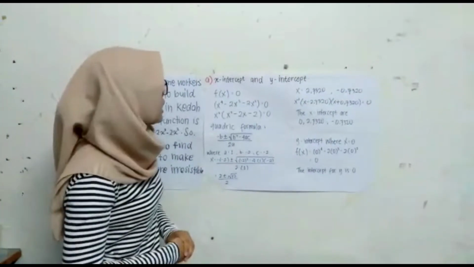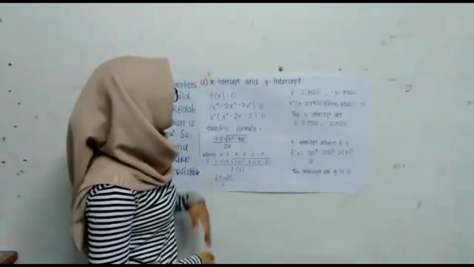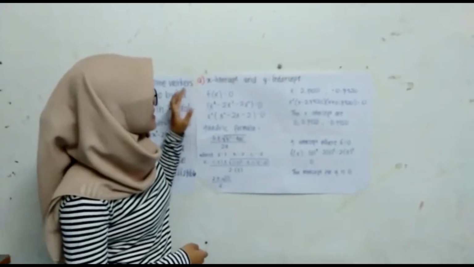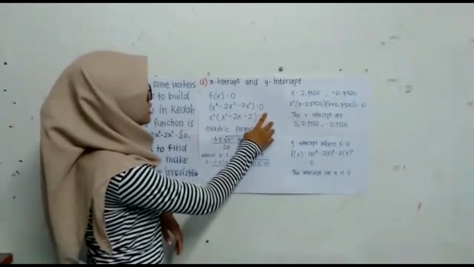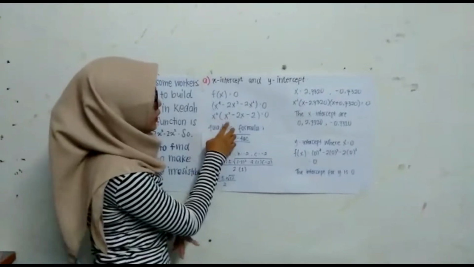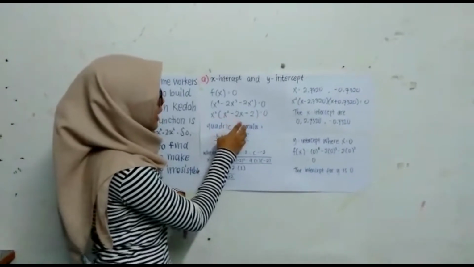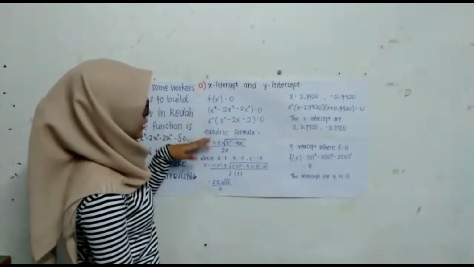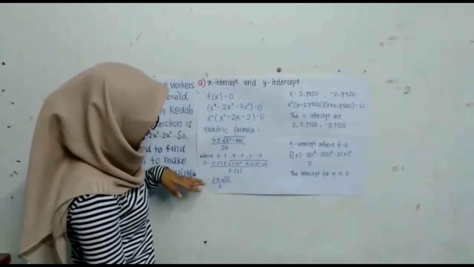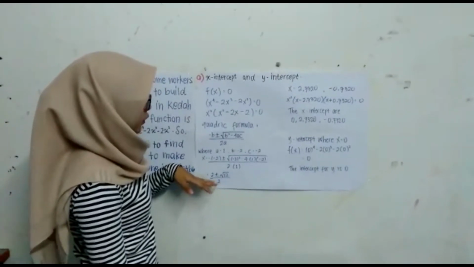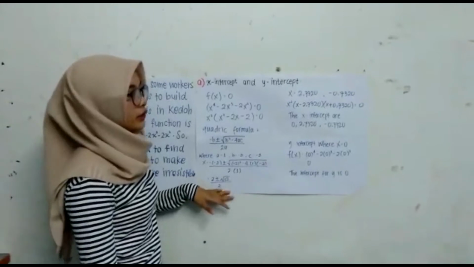For question A, x-intercept and y-intercept. For f(x) equals 0, we put the equation equal to 0 and simplify it to x squared multiplied by x squared minus 2x minus 2 equals 0. And we have to factorize it with the quadratic formula. So we got x equals 2 plus minus root of 12 divided by 2.